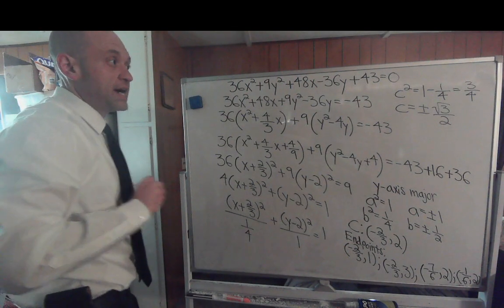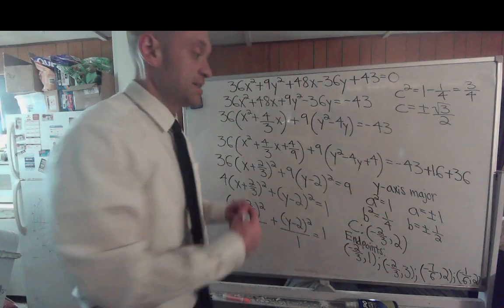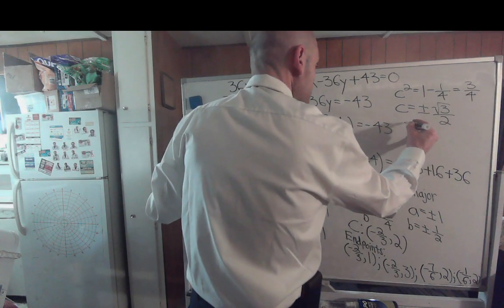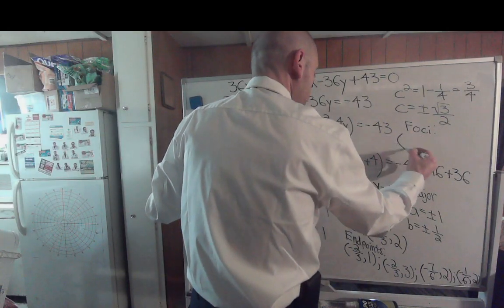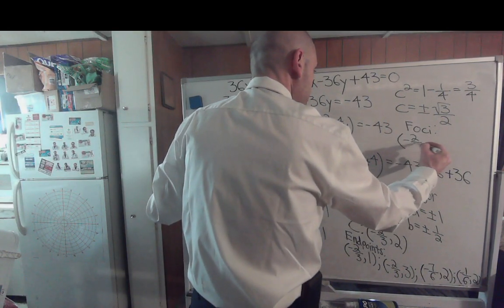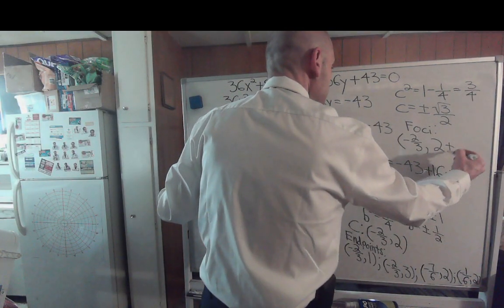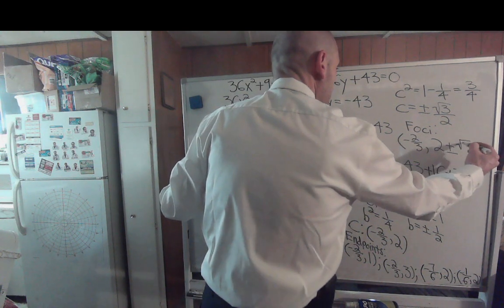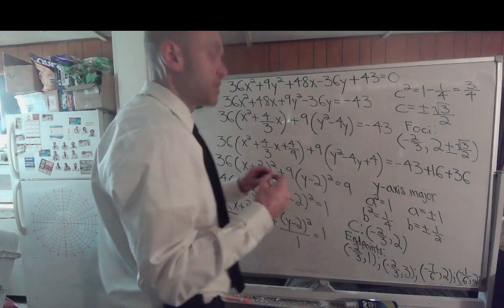Now, the foci, again, are always based on your major axis. That's the y-axis, so take that and add that to your y-coordinate of the center. So that would give you your foci, leaving your x-coordinate alone of negative 2/3. Then you'll take that y-coordinate of 2, and you'll add and subtract that square root of 3 over 2 from that y-coordinate of 2. There's your foci.